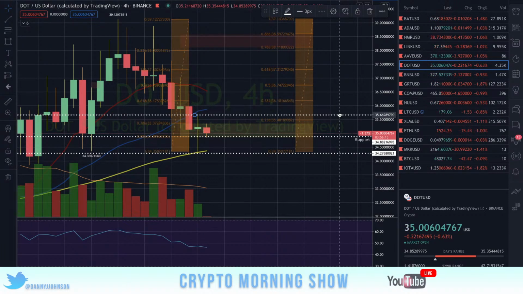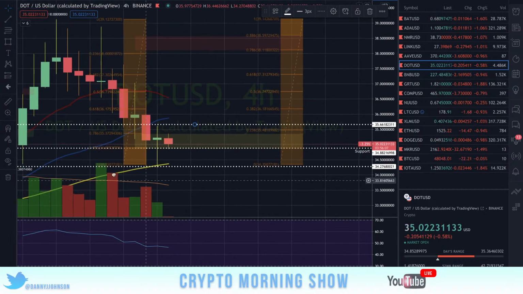We're on the 4-hour time frame. RSI is kind of dead center, so we're kind of chugging away sideways. As you can see, we came all the way down to test this 100-day moving average. So we got some really good support down here. So if one was to be trading this, one would say this might be a good opportunity to get into DOT USD.